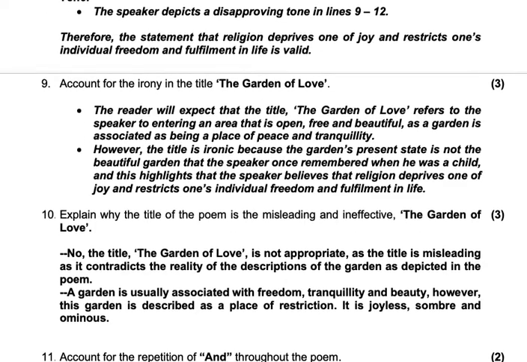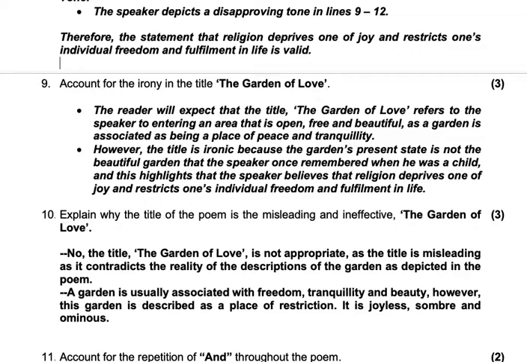Account for the irony in the title The Garden of Love. Now, guys, what is irony? Irony, I would also say, refers to opposite. It doesn't fit together. It doesn't make sense when you read it. So if you look at the Garden of Love, you had a certain idea. If you look at question 1 that we just went over in the beginning of this lesson, the reader expects a certain idea.